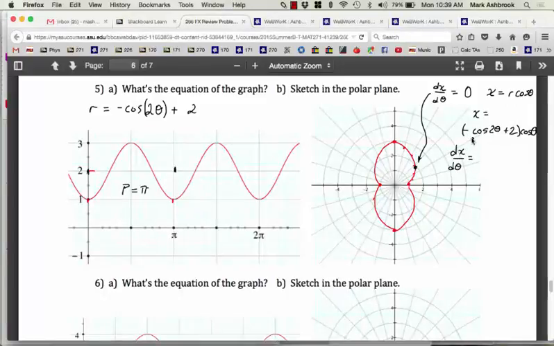The derivative of the first would be 2 sine 2 theta, plus sine theta, times the second, plus the first times the derivative of the second. The derivative of the second is negative sine theta.